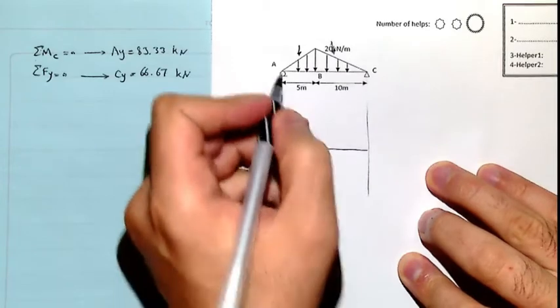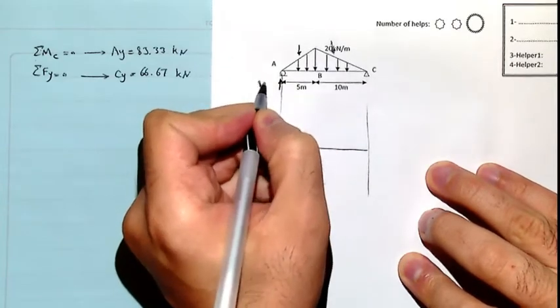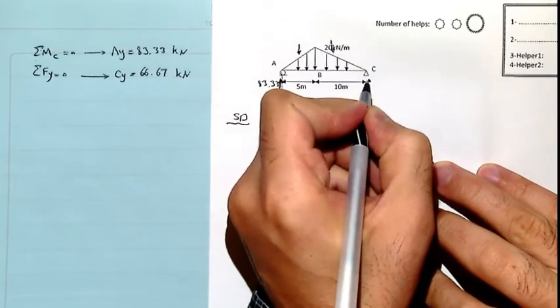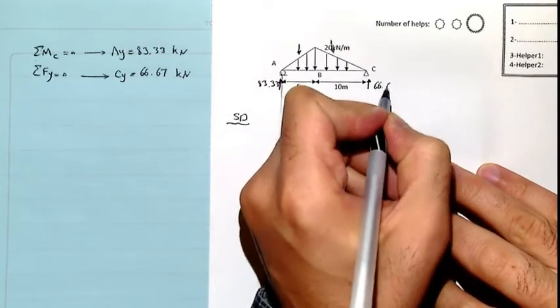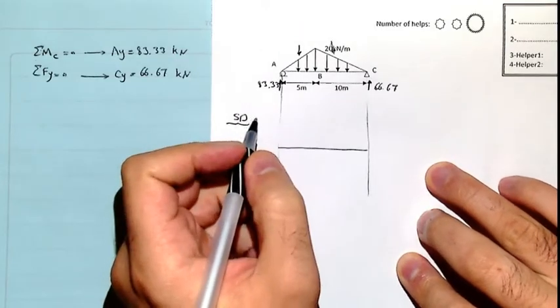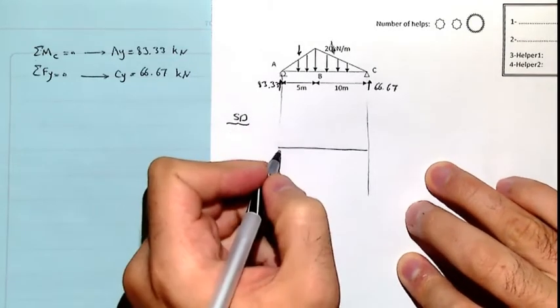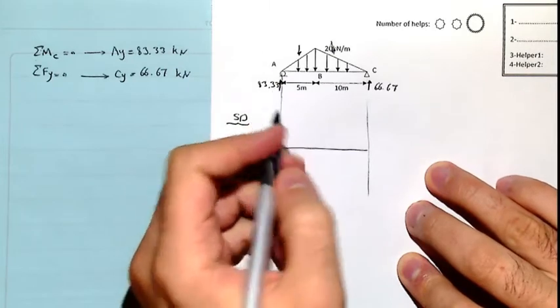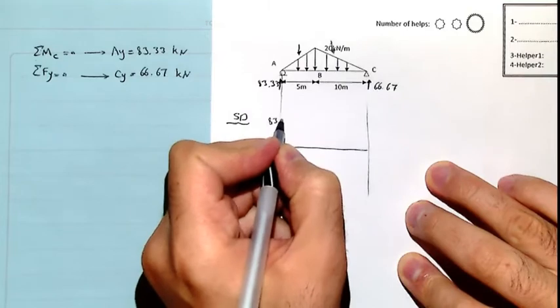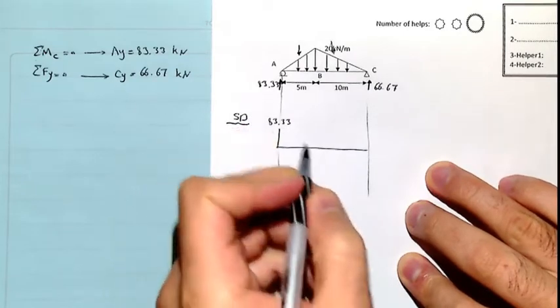We know this reaction is 83.33, and this reaction is 66.67. When we start from the left side, the load is upward, so we go upward up to the level of 83.33 kilonewton.